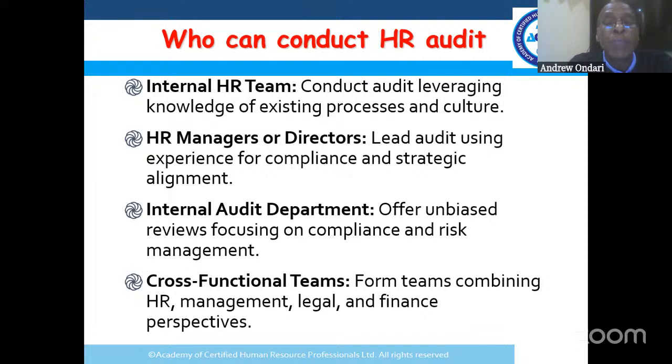The one on employee relations will bring his or her experience to audit employee relations. The one in charge of payroll and compensation brings his or her experience to the table. So one of the auditors is the internal HR team, which can be created by the HR manager.